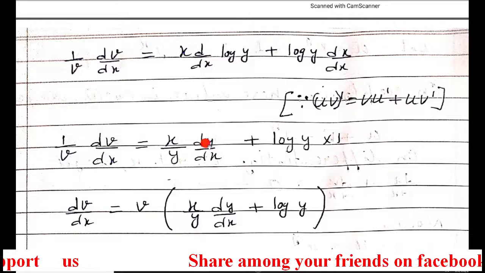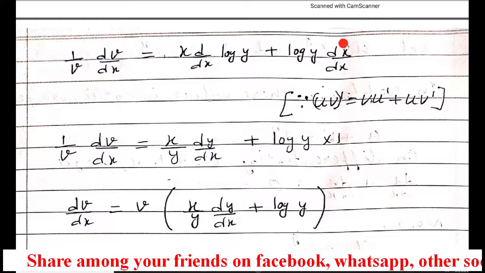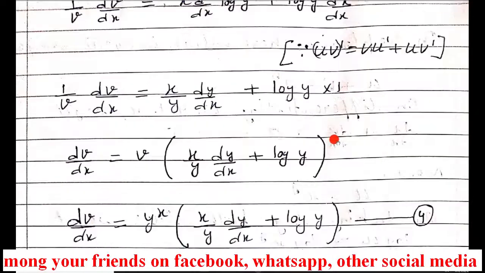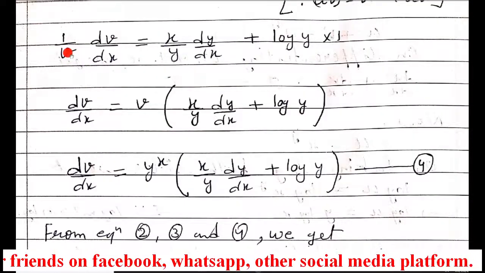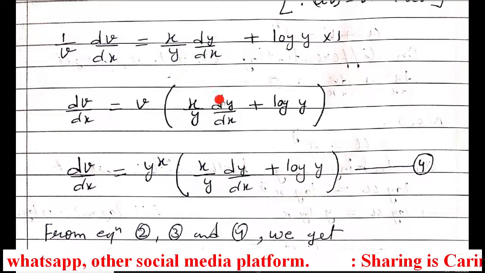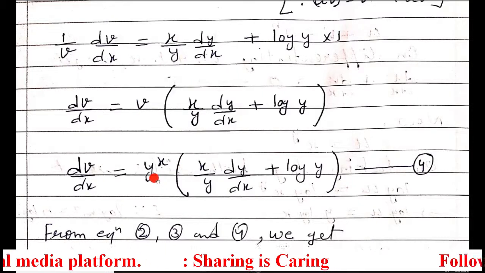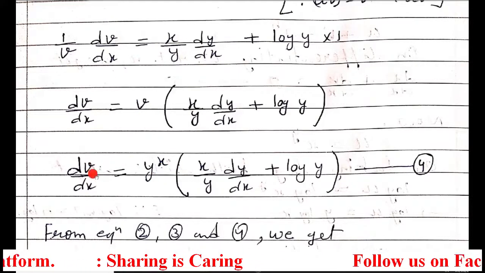Then according to chain rule we have to differentiate dy over dx. Now here log y as it is and dx over dx is 1. Now in the next step, this v is in divide, so it will come in multiply. So we'll obtain this. Now we will replace again by y to the power x. So we obtain dv over dx.